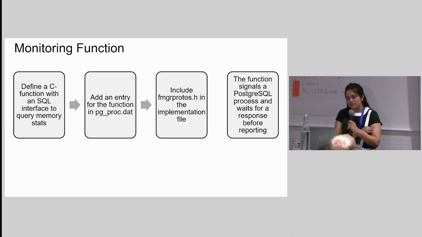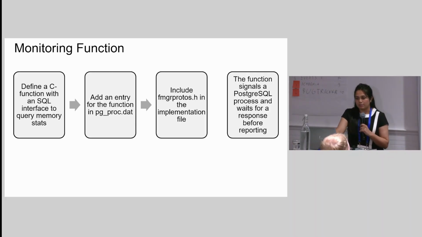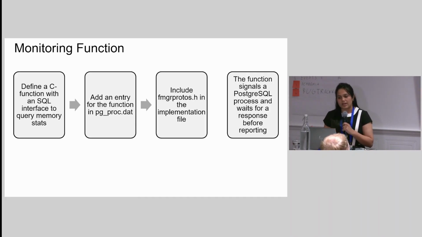These are names of some files that are used in the implementation of such a function. You have to add an entry for this SQL function in pg_proc.dat, and you have to include the mgrprotos.h in the implementation. Wherever you have implemented the C function, there you have to include this file so that you're able to create this function.